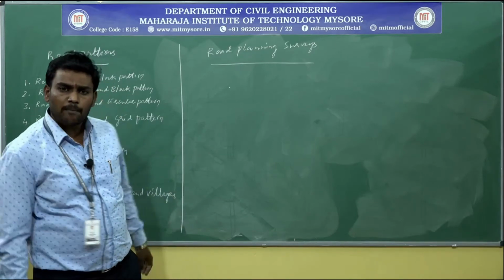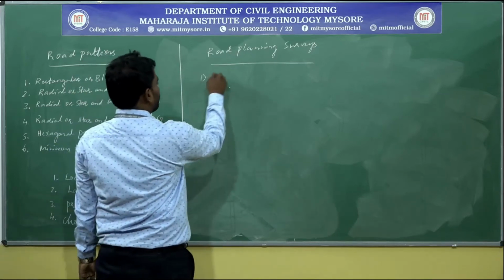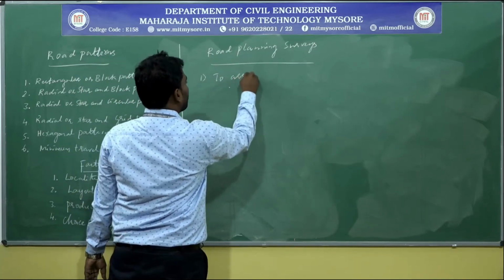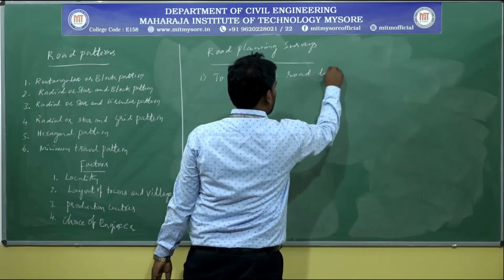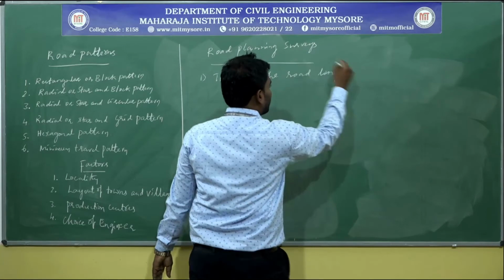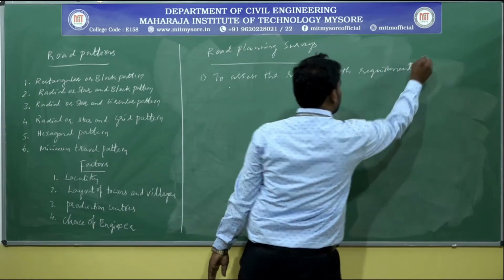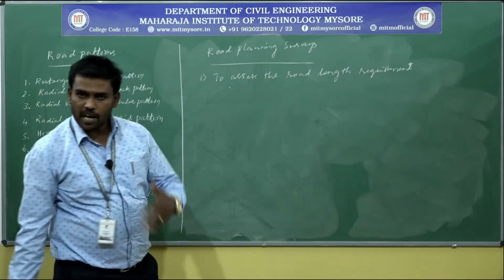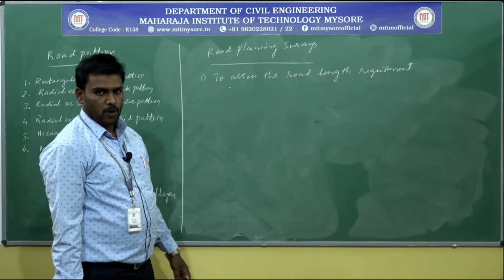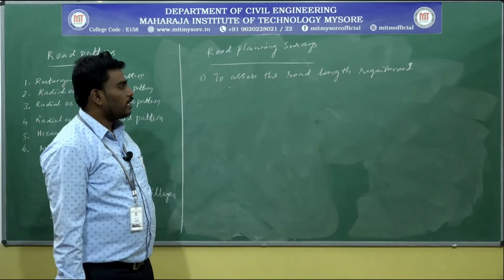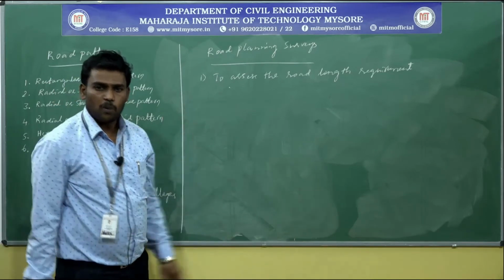Basically there are 2 objectives for a planning engineer. The first one is to assess the road length requirement for a specified area, which may be a district, state or the whole country.